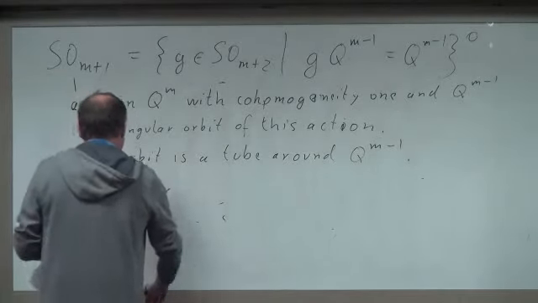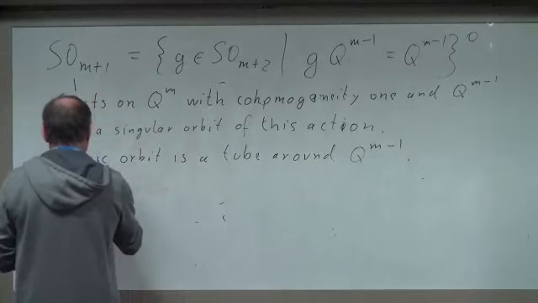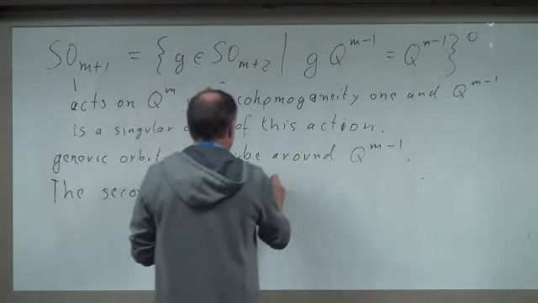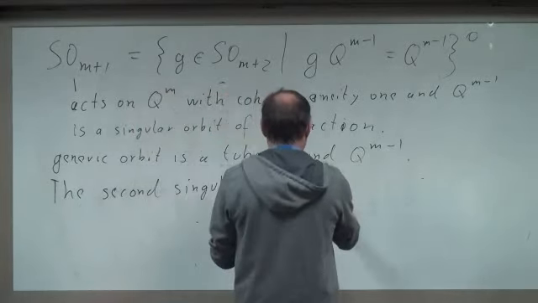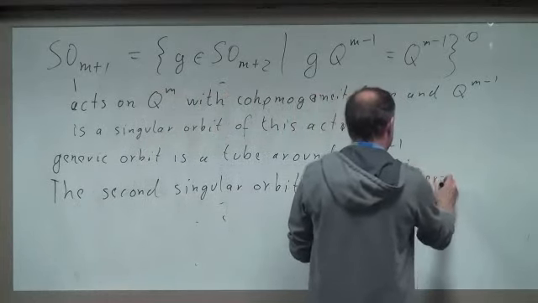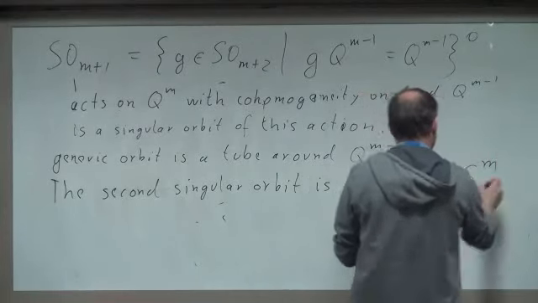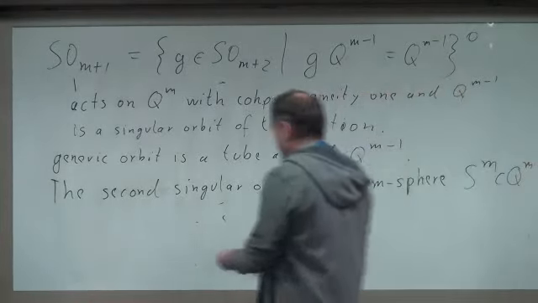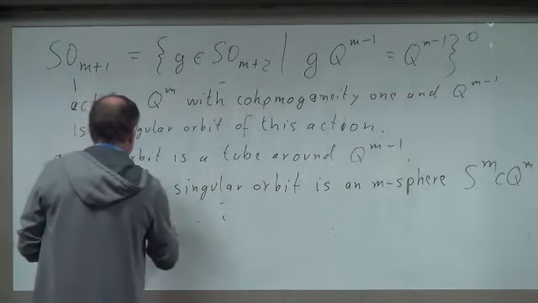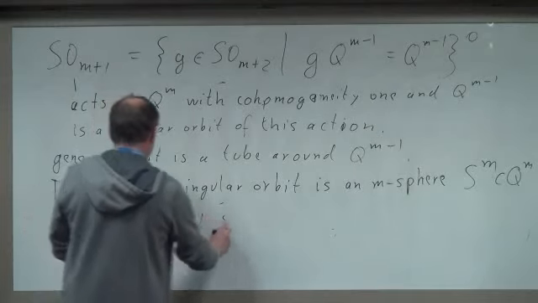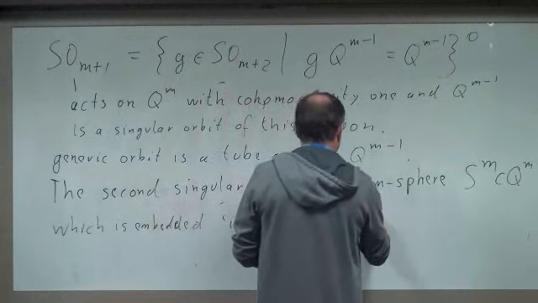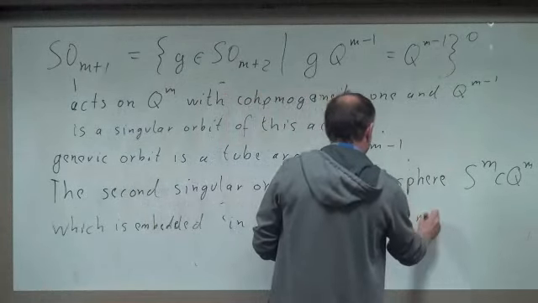The second singular orbit is an m-dimensional sphere Sm in the quadric, which is embedded in the quadric as a real form.